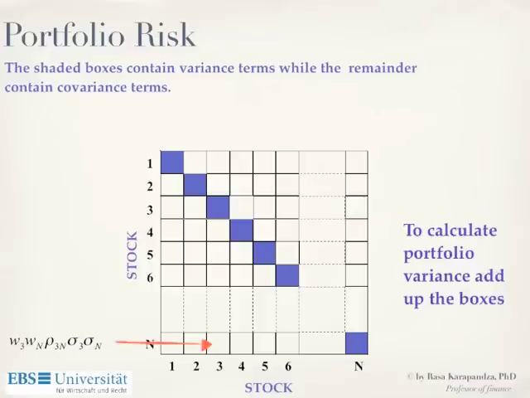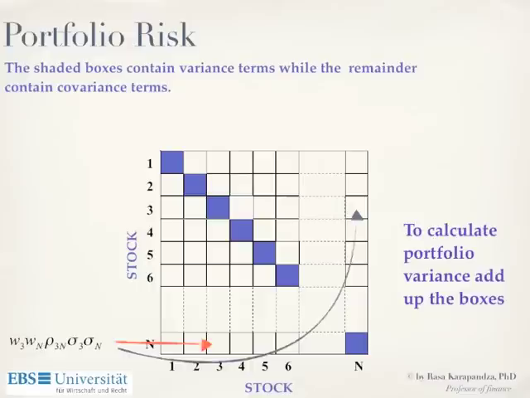So for example, this cell over here, this is column number 3, row n. This will be the proportion that you invest into stock 3 times the proportion that you invest into stock n times the correlation coefficient between these two stocks times the standard deviation of stock 3 times the standard deviation of stock n. And this will be the same element as the element in the third row and nth column.